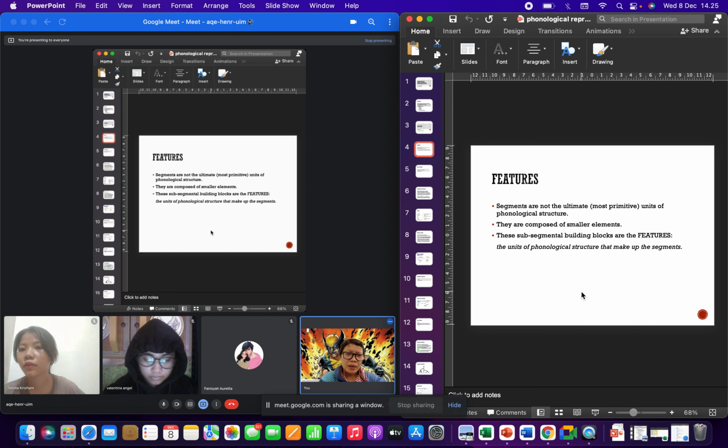There are also subsegmental and segmental building blocks, which are the features. Here I give the example: the units of phonological structure that make up the segment. So this is our feature. When we understand the smallest elements and the combinations of the smallest elements, that is our feature.